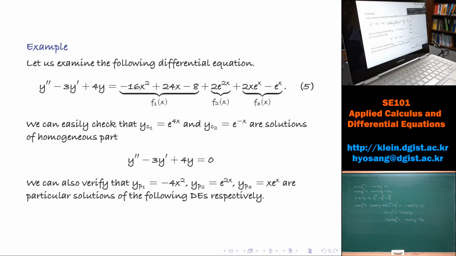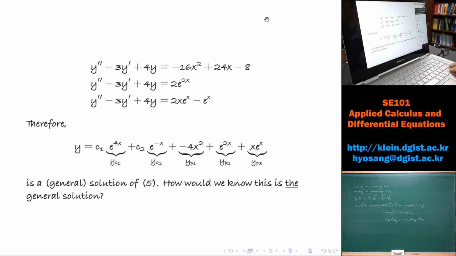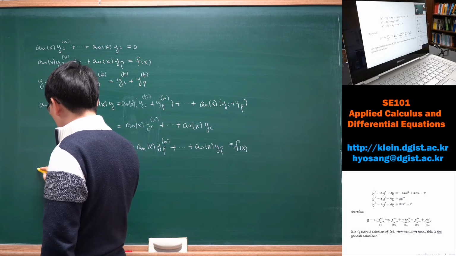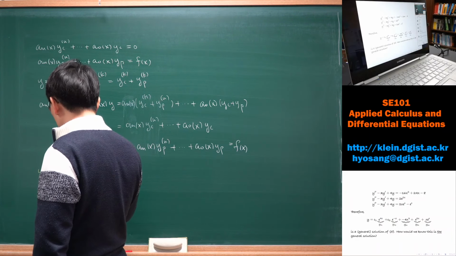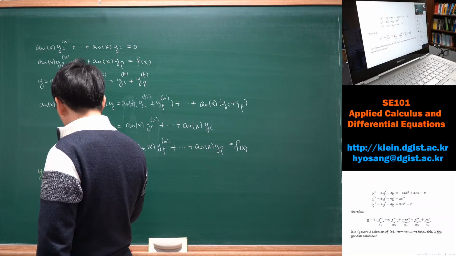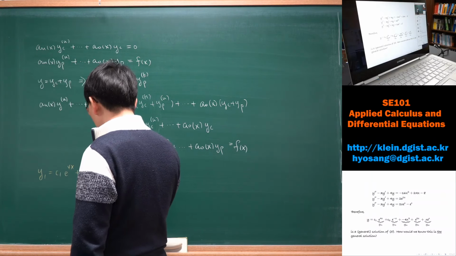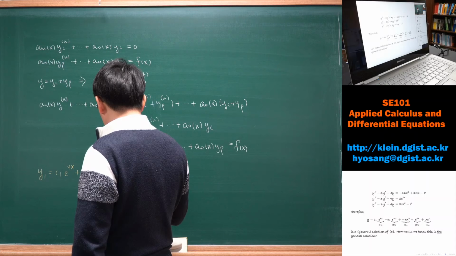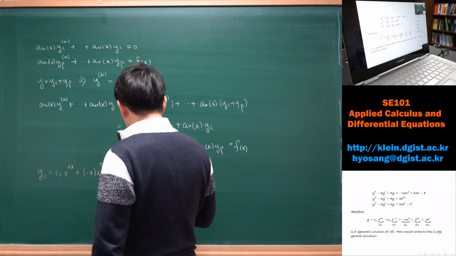what's the difference between a general solution and the general solution? So let me give an example. Here we have, in fact, the general solution to the given differential equation. However, let me write on the blackboard. Suppose that y1 is given by c1 e^(4x) minus 4x^2 plus e^(2x) plus x e^x.